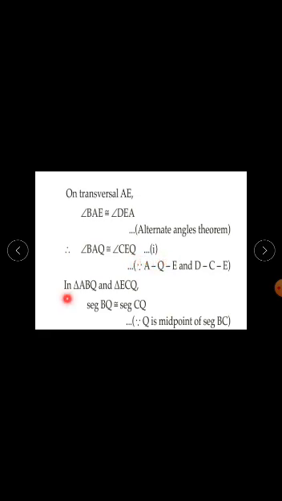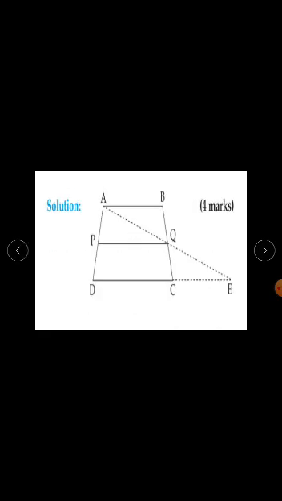Now in triangle ABQ and in triangle ECQ, these two triangles. Segment BQ is congruent to segment CQ because Q is the midpoint of BC. It is given. Angle AQB is congruent to angle CQE, vertically opposite angles, and angle BAQ is congruent to angle CEQ.